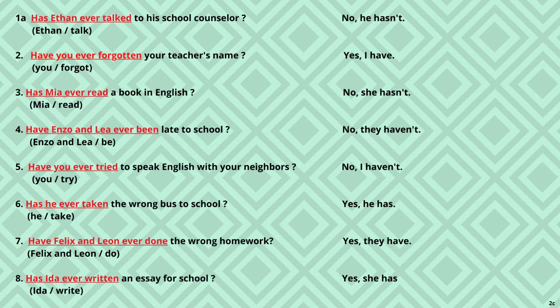Number four, have Enzo and Leah ever been late to school? Number five, have you ever tried to speak English with your neighbors? Number six, has he ever taken the wrong bus to school?